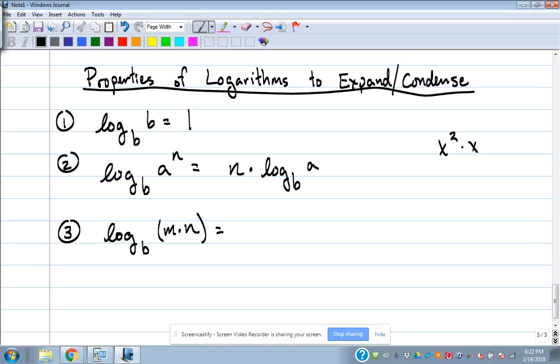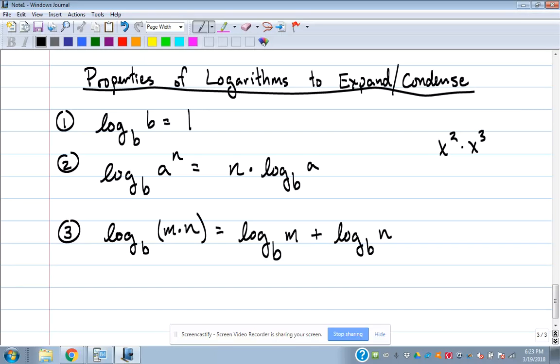What's that turn into? X to the 5 power, right? Because you add them. So here, with logs, multiplication becomes addition. When you're multiplying on the inside of the log, you can split that apart and make an addition problem.